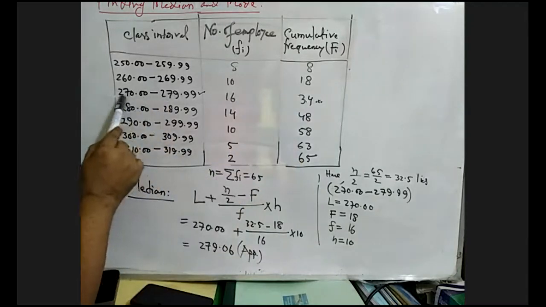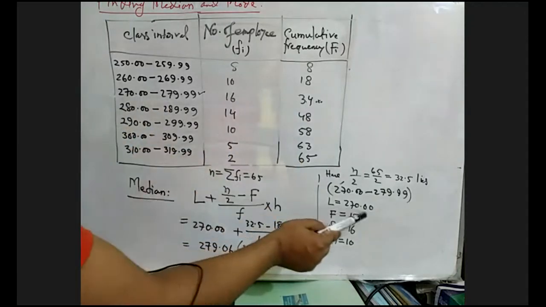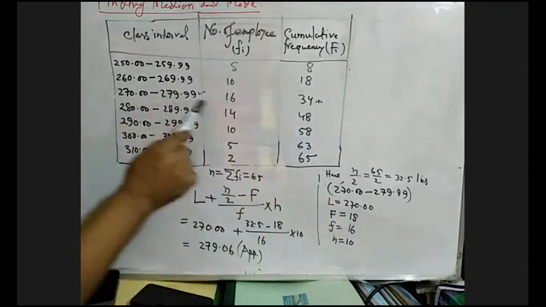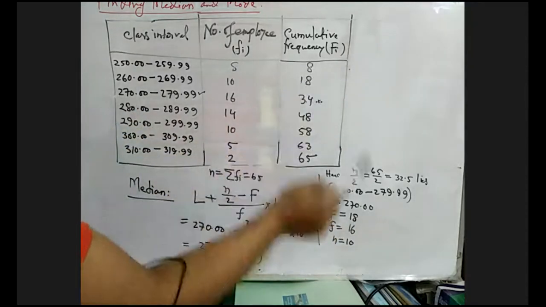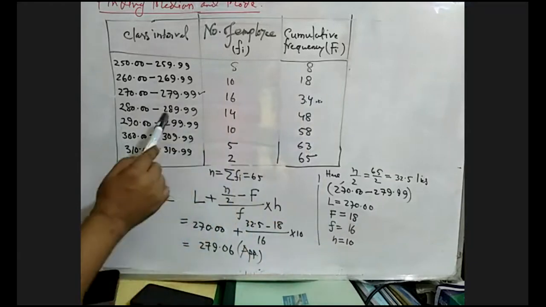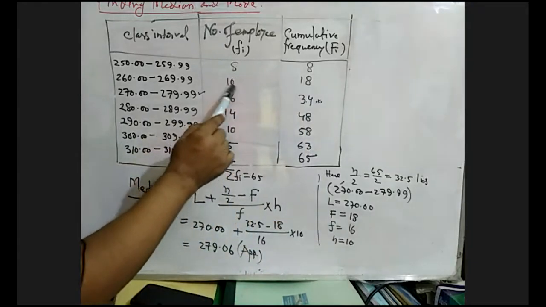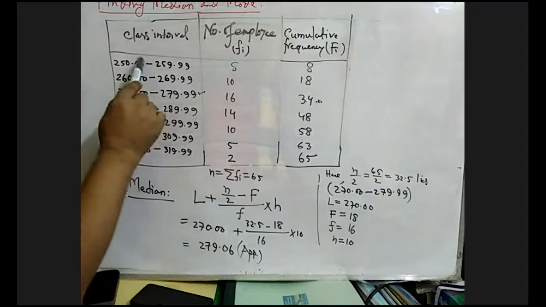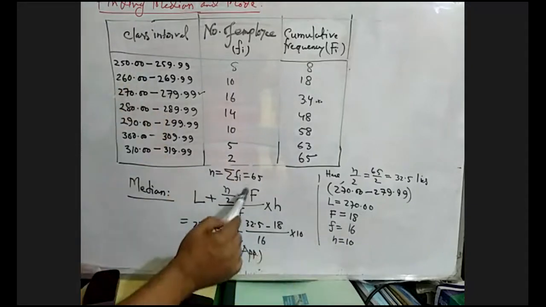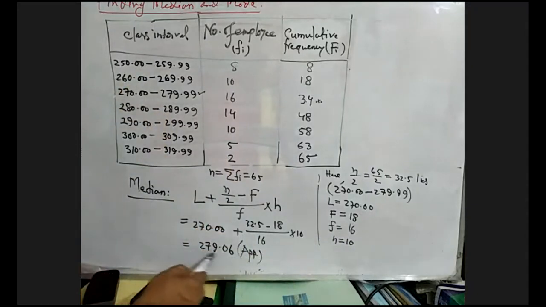Lower limit of the median class is 270. So L equals 270, and cumulative frequency of the previous median class is 18. Small f is 16, and length of the class interval is 10. Just putting these values, we get approximately 279.06. This is actually the median of this table.